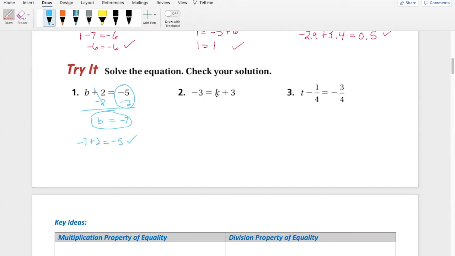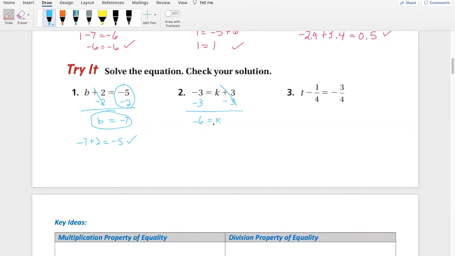This one, k, is our variable on this side, but I want to cancel whatever is on the side with a variable because I want to get that by itself. So I'm going to subtract 3 and subtract 3 on the other side. Those cancel, and I get k equals, combining those together, negative 6.